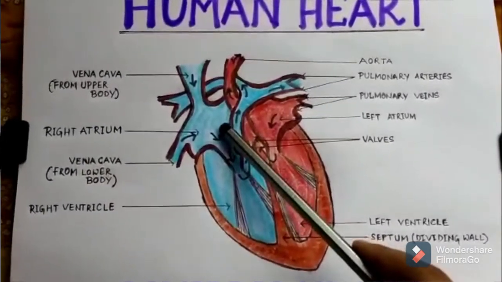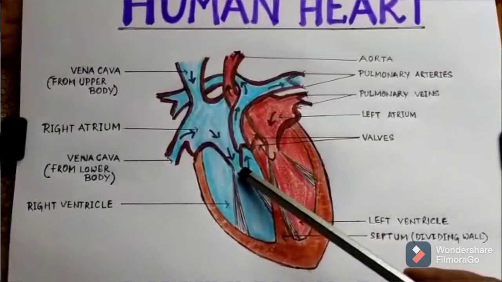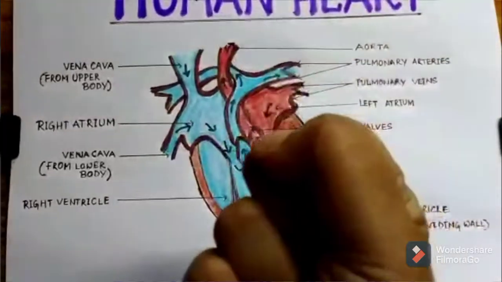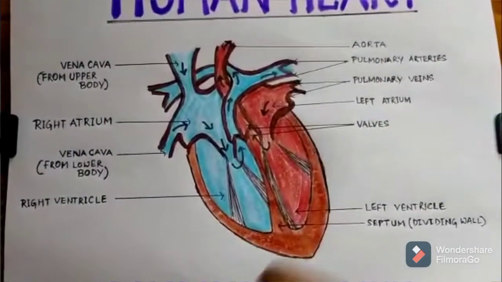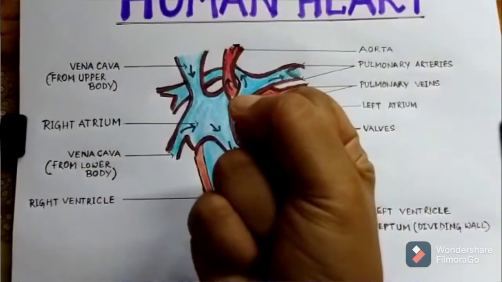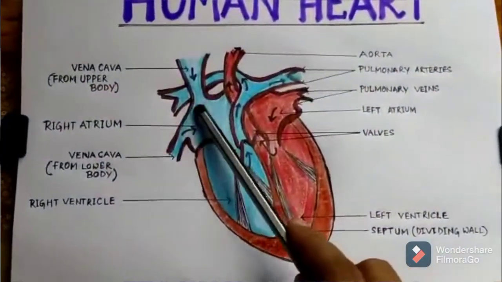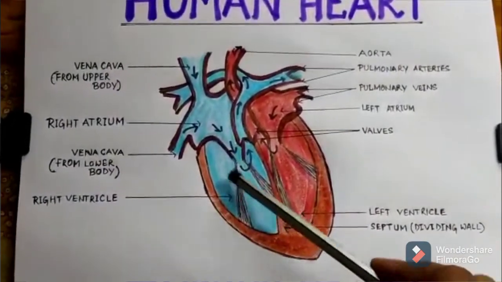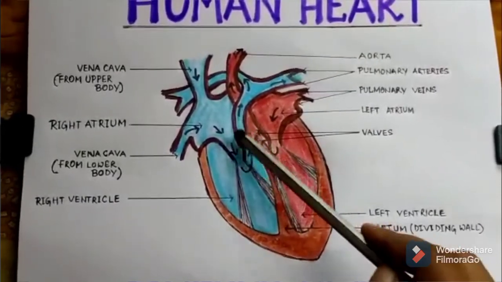Then from the right atrium, this deoxygenated blood is pumped into the right ventricle. Remember, when the right atrium contracts, meaning squeezes, the right ventricle will relax. So the right atrium, when it contracts, pumps the blood into the right ventricle, which is in a relaxed state and receives the deoxygenated blood.